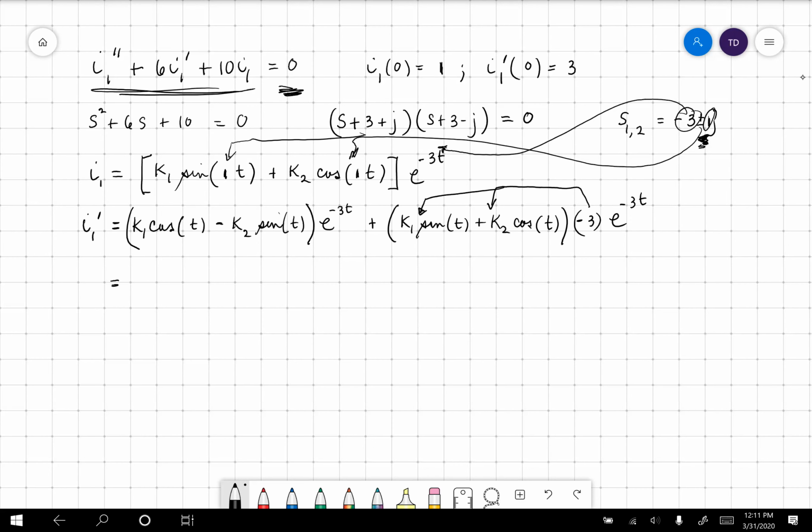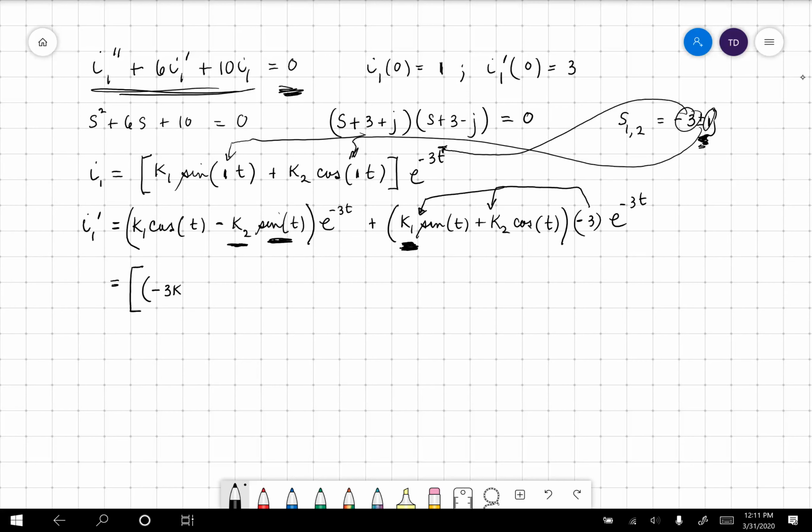So I'm just going to put this together, and the way I'm going to put it together is all of these are either sine of t times e to the minus 3t or cosine of t times e to the minus 3t. So I'm going to look at the sine terms first. This is the sine term. Here's the coefficient, minus K2. And over here, the coefficient is minus 3K1.